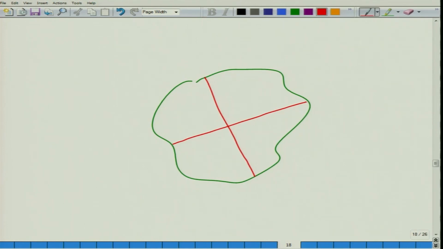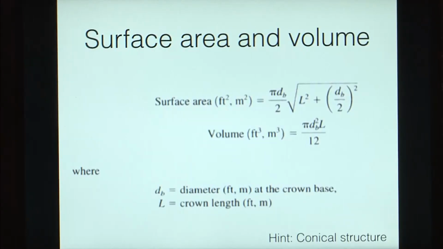Now once you have these numbers, coming back to the slides, you can use them to calculate the surface area and volume. These are the formulae for the surface area and the volumes. Now these look a bit tricky at first glance.